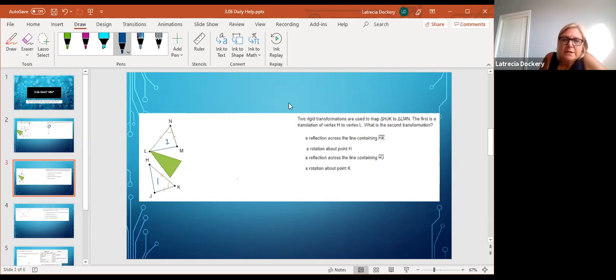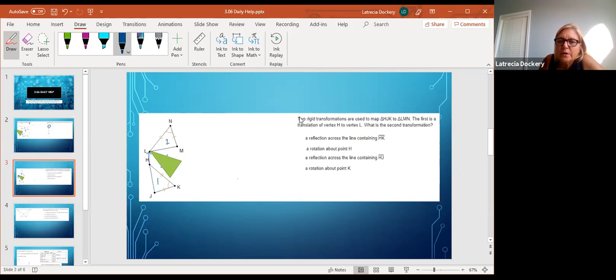So let's stop and think about this just a moment. We're trying to figure out what's the best way to move this. We have translated from point H to point L, and then it gives us two different reflections. We can reflect either this side or this side, but a reflection over either one of those is not going to take us exactly over that, is it?